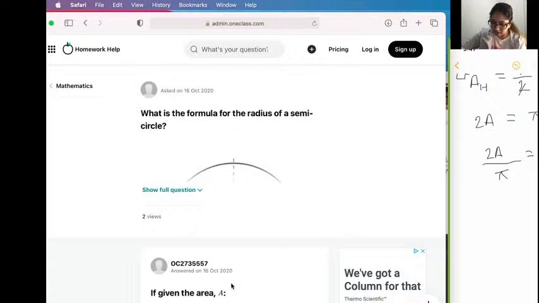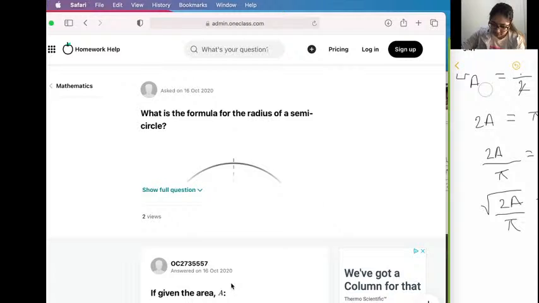And to get rid of the square, we need to square root on the other side. So we have square root 2a over pi, which equals r. So this is how you find r from the area of a semicircle.